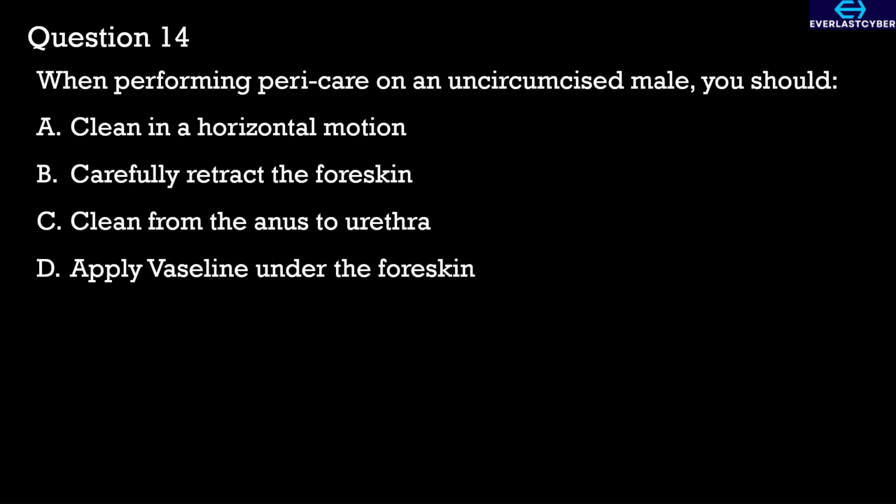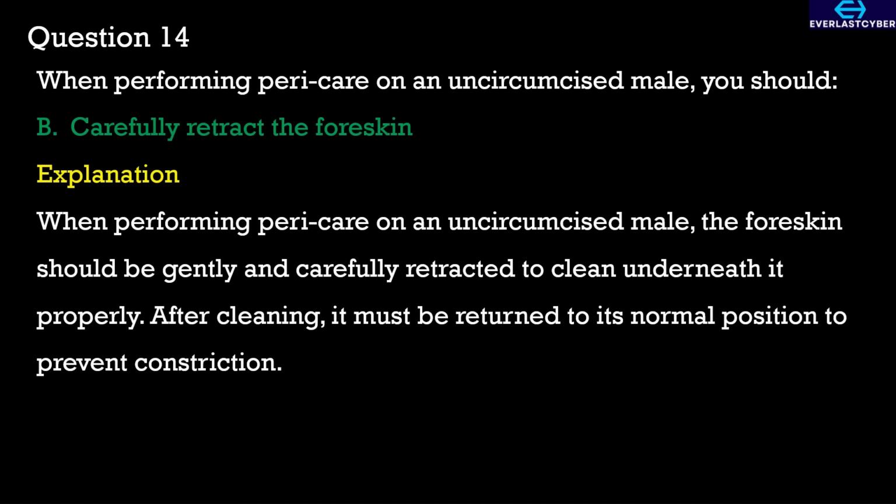Cleaning should be from the urethra to the anus, which is front to back, in order to prevent spreading bacteria. Option D is incorrect and it is not part of routine pericare. So our answer here is option B. Carefully retract the foreskin. And after cleaning, it must be returned to its normal position in order to prevent constriction.